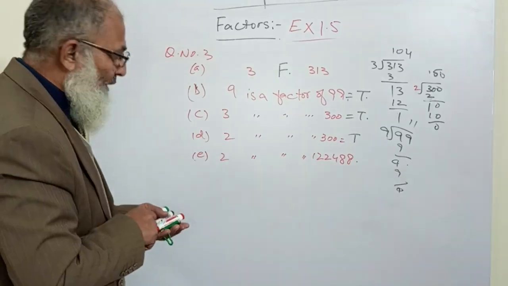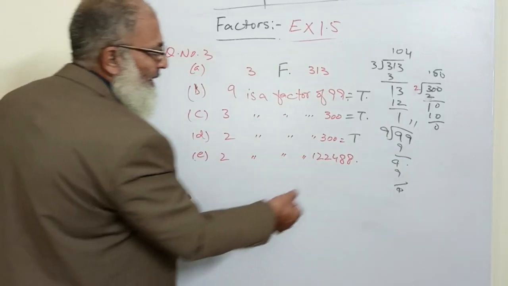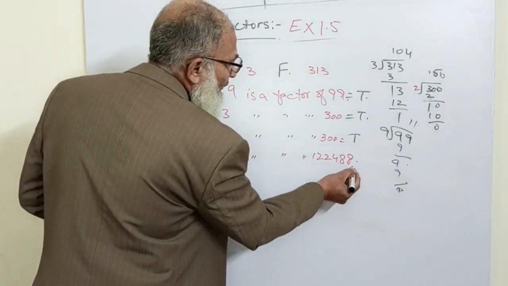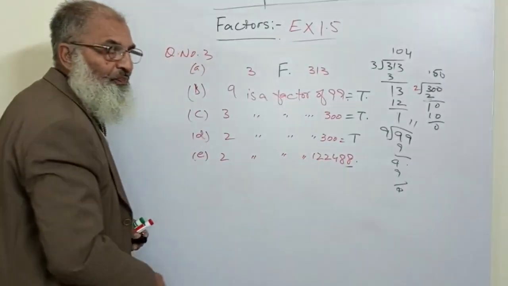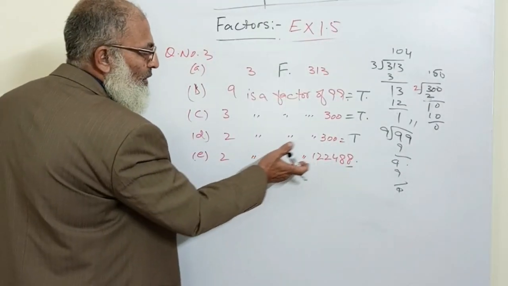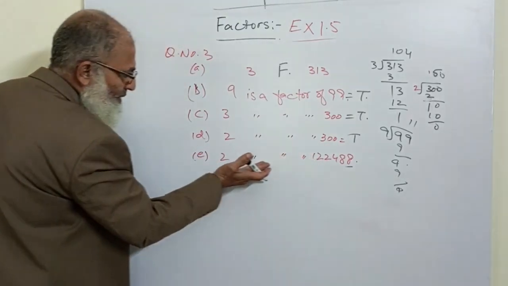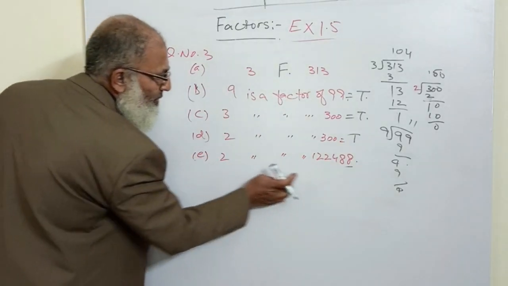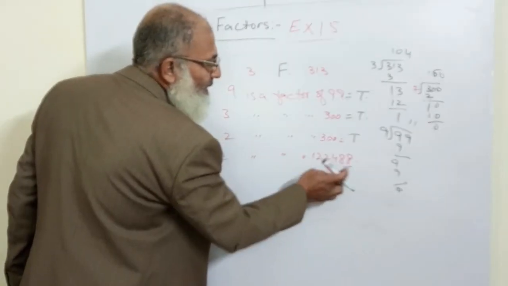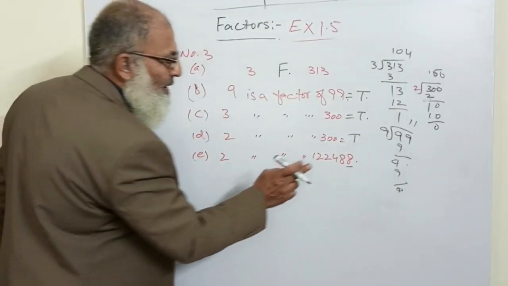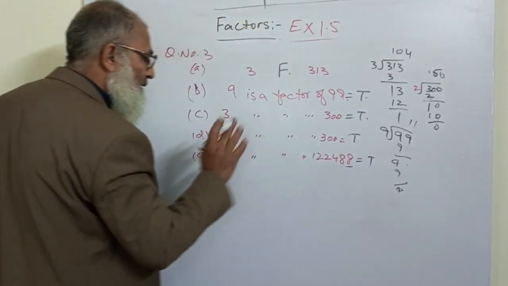I told you the test of divisibility: if 0 or any even number comes at the end of any long number, then it is divisible by 2, no matter how long it is. It may be this long, but it is divisible by 2 if only the end digit is even. So this is true. I don't have to check it.